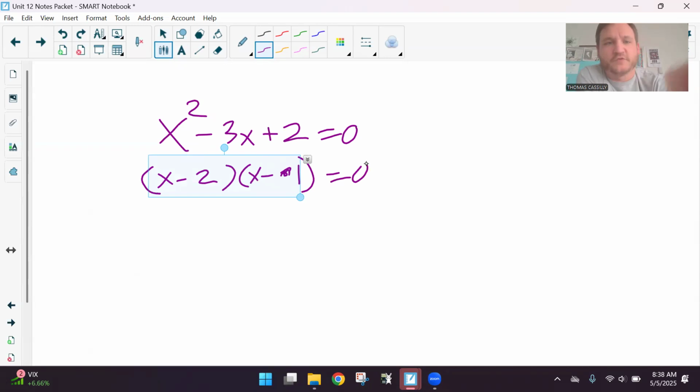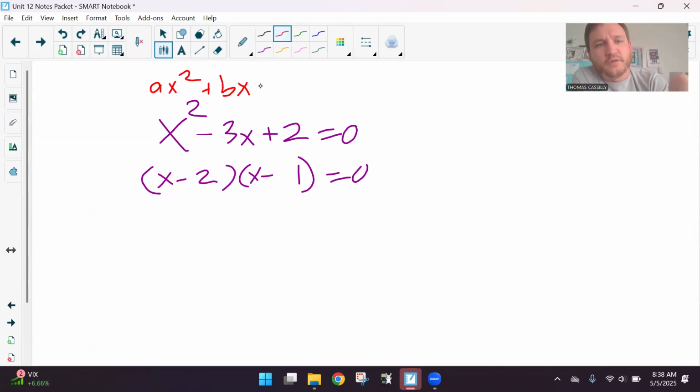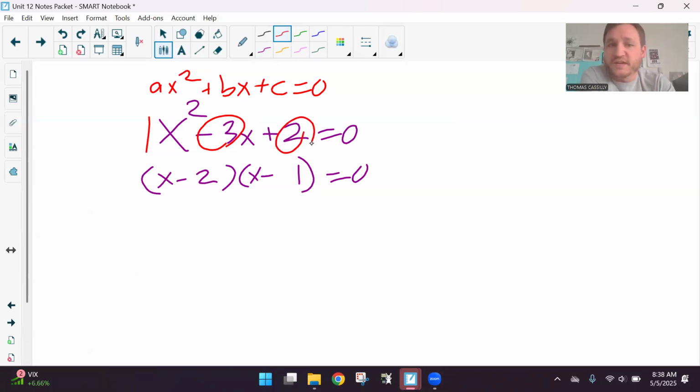So that is a factored equation. In ax squared plus bx plus c equals 0, your a is 1 in this case, your b is negative 3, and your c value is 2. That's just what your quadratics look like, and this is factored.